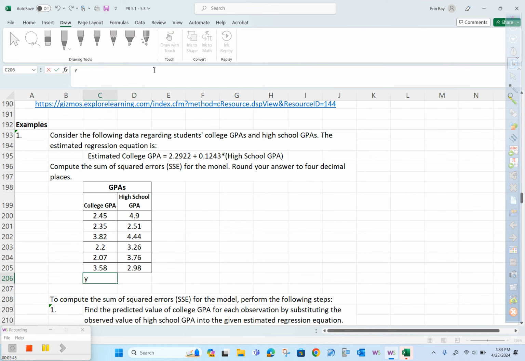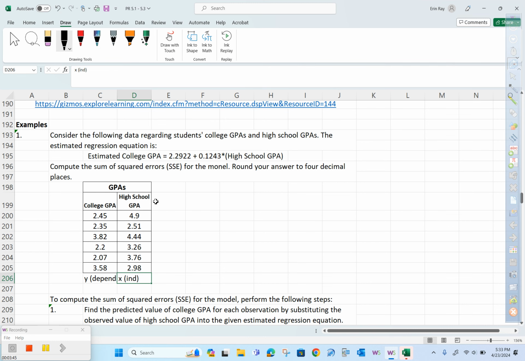And then our X is our independent variable. A lot of times in the stats world, this is the response variable, and this is the explanatory variable, because the high school GPA could explain why the college GPA looks like it does.